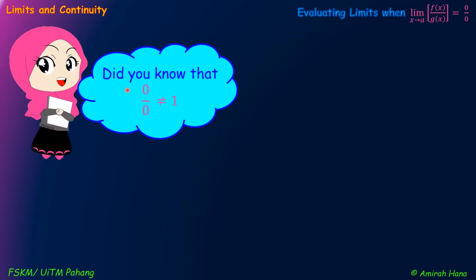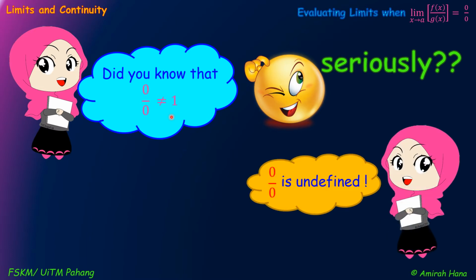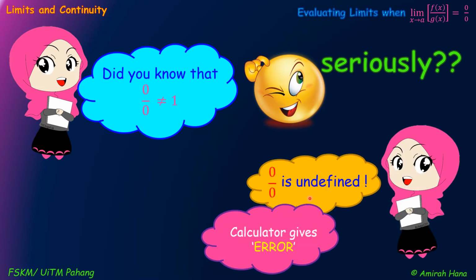Did you know that 0 over 0 is not equal to 1? Since the numerator and denominator are the same value, it doesn't mean that 0 over 0 equals 1. Seriously, 0 over 0 is actually undefined, because a calculator will give an error when you calculate 0 over 0.